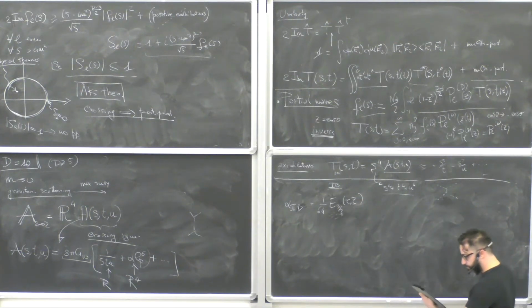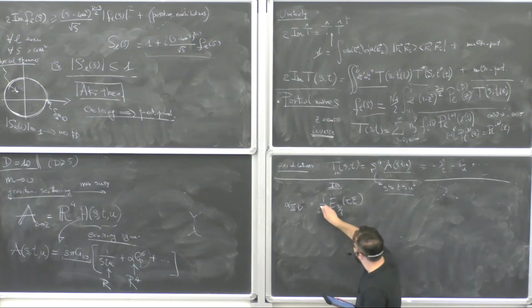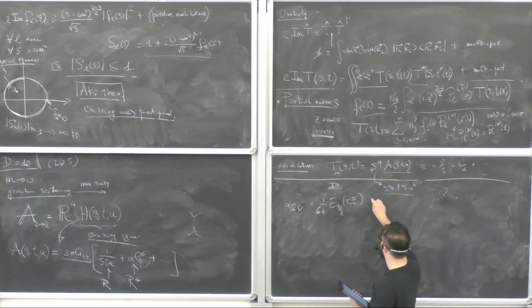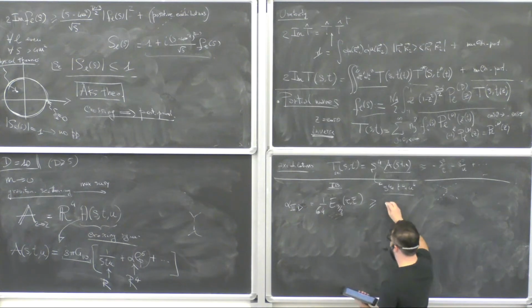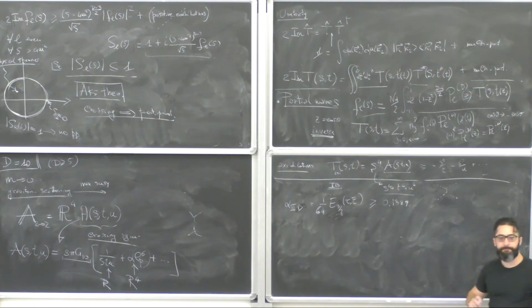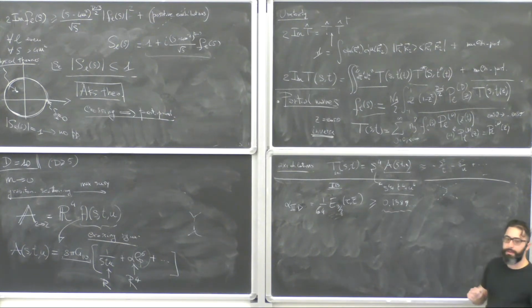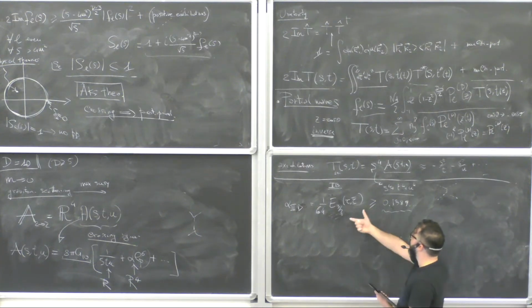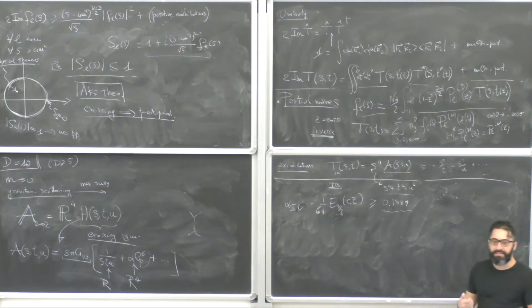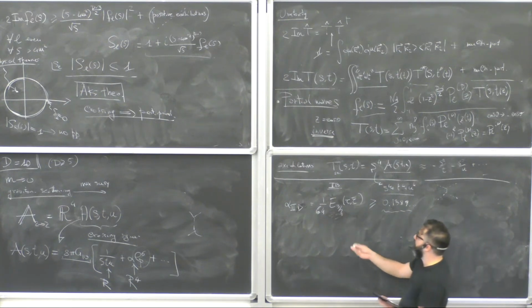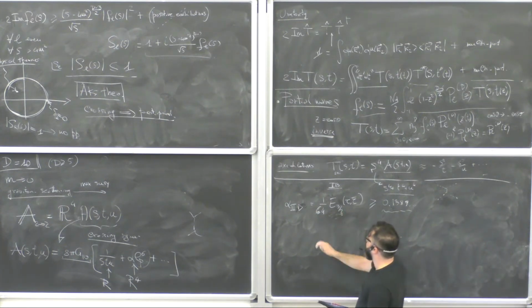And beautifully, it turns out that this function is bounded by a number which is roughly something like this. So in string theory, this alpha takes any value, but hits a lower bound, which is given by this number.